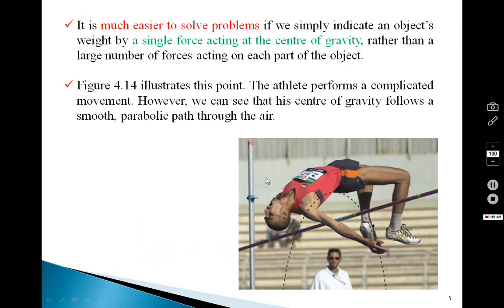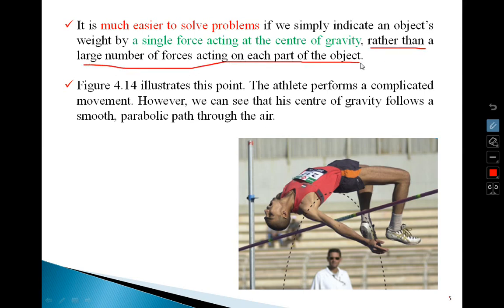If we take a look at this person, it's much easier to solve problems if we simply indicate an object's weight by a single force acting at the center of gravity, rather than a large number of forces acting on each part of the object.